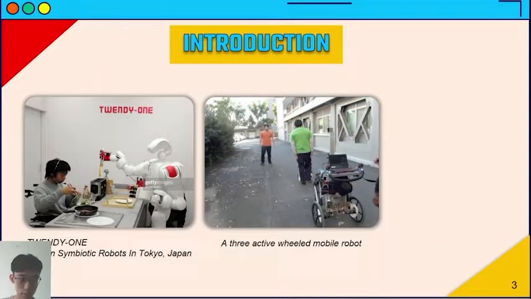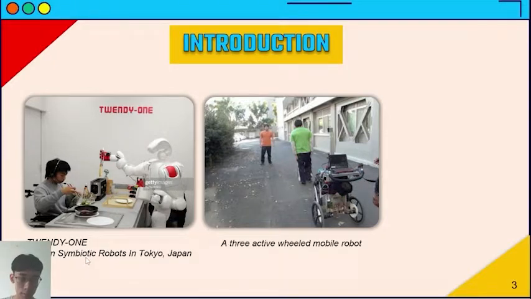Let's go to the first part, introduction. Nowadays the interest is growing in the potential of human sympathetic robots. So what is a sympathetic robot? You can see in picture 1. It's a 3D one, human sympathetic robots in Tokyo, Japan.